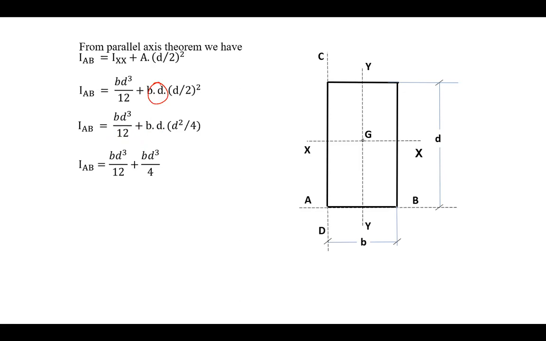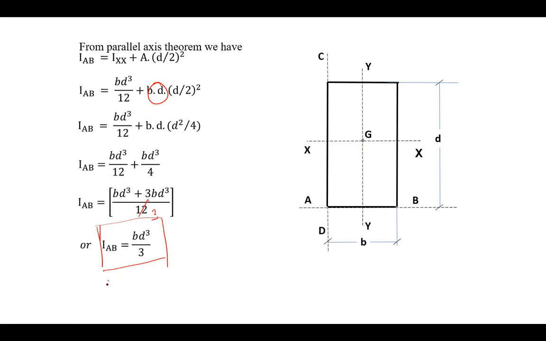If you take LCM, it will be 12. Okay, so bd cube plus 3 bd cube, it will become 4 bd cube. Therefore 4 by 12, and 4 goes 3. Okay, so it will be bd cube by 3. So this is the moment of inertia about the base of a rectangle, right?